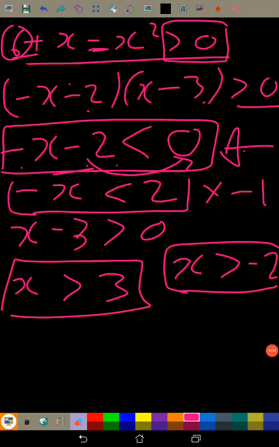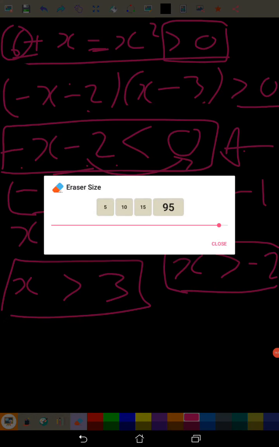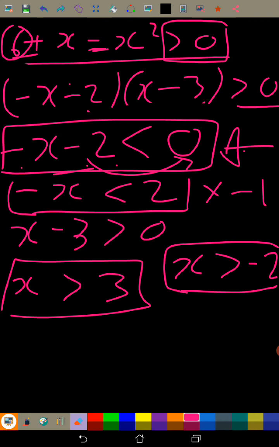Not to make the story long, but it's very important to stay logical here, because inequalities can be very tricky. So we have now these 2 points.